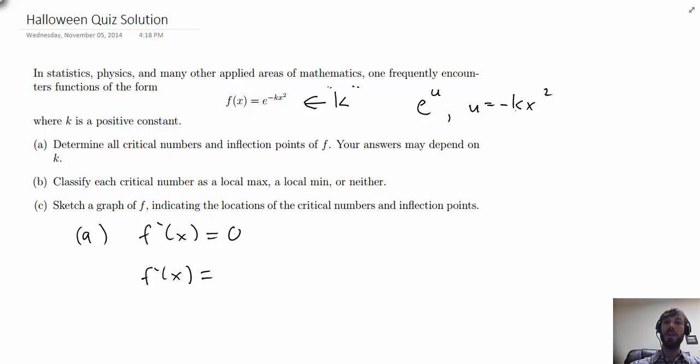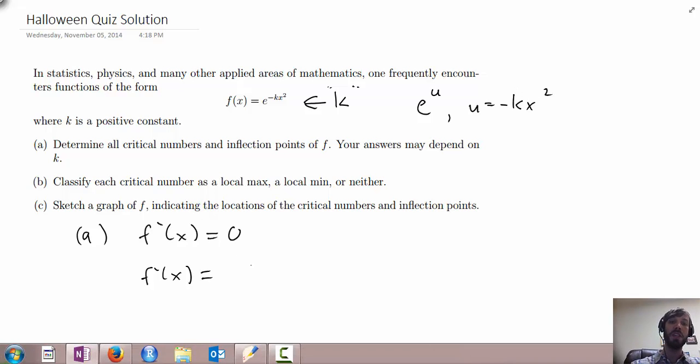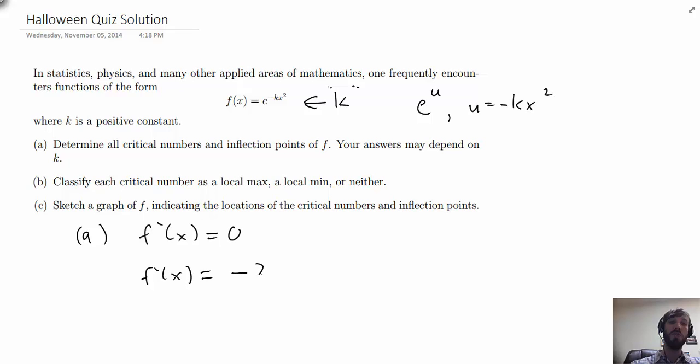Now, just thinking of k as 2, if this was just a constant, I would just bring down this 2 and use the power rule here, and that's it. So the derivative of u is just negative 2kx, and then for e to the u, the derivative is e to the u, so negative 2kx times e to the negative kx squared.